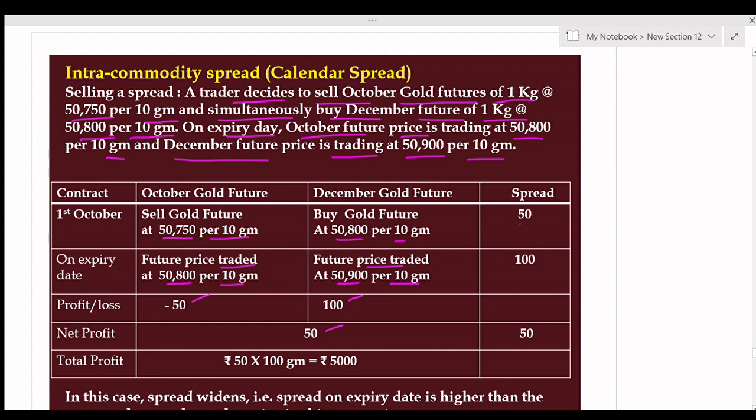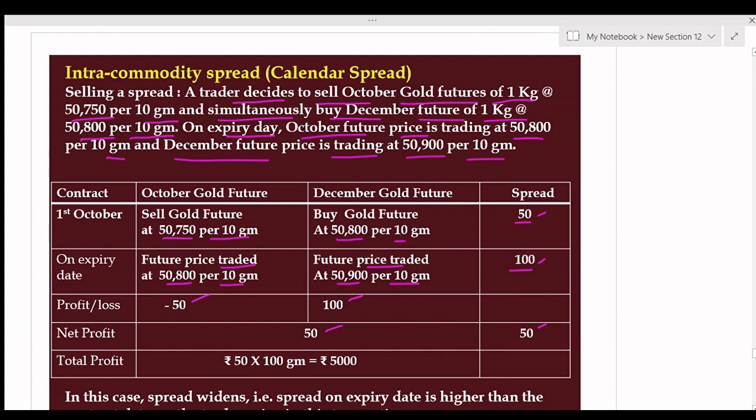Now come to the spread. It is a selling a spread. The spread on the 1st October is 50 and on expiry date it is 100. So 100 minus 50, if it is positive, is equal to 50. And in the buying case, 50 minus 100.